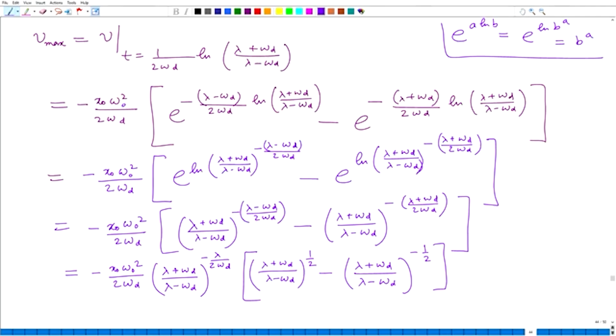Now, this thing is nothing but (lambda minus omega d) over (lambda plus omega d) to the power lambda by 2 omega d, okay. So, I will exactly write that.